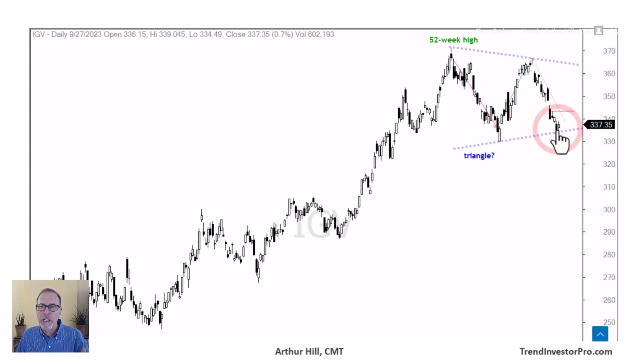And I said we could get a triangle here. And so I want to see if we get a reversal of this downswing. And we did get the breakout there with a big surge over the last 4 days to break that downswing. And then in today's Chart Trader report, I set my reevaluation level for IGV going forward. But the swing has been reversed, and I think that increases the chances of a continuation higher and a breakout from that triangle.